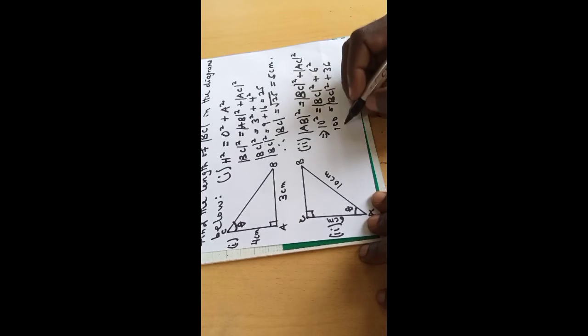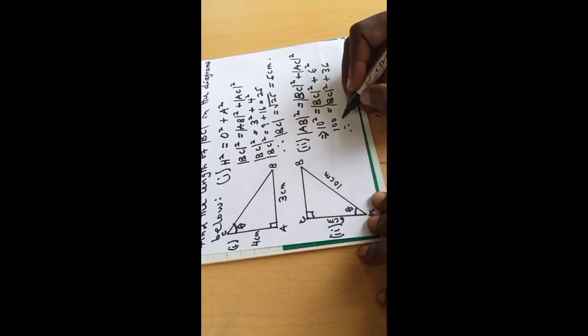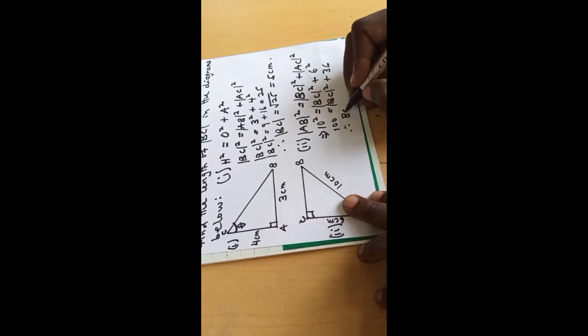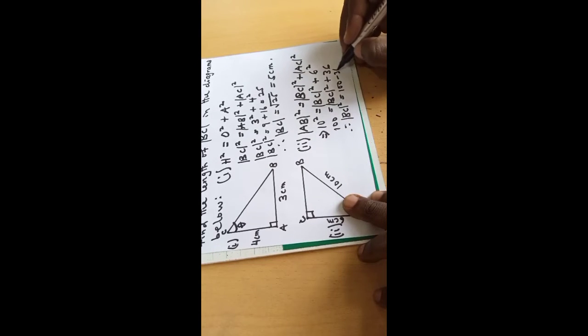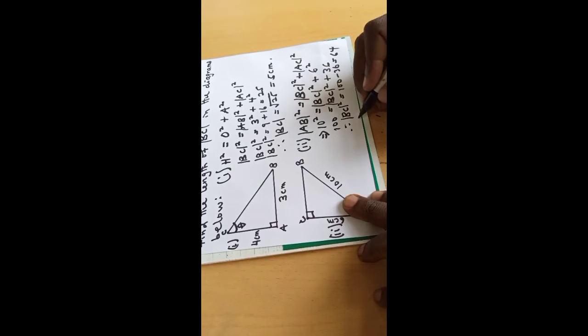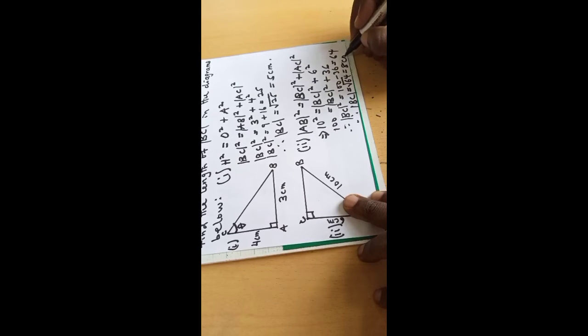Subtracting 36 from both sides, therefore, our BC squared will be equal to 100 minus 36, which will give us 64. Therefore, finding the square root of both sides, our BC will be equal to the root of 64, which will give us 8 centimeters.